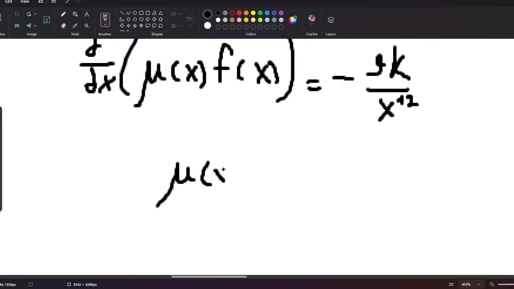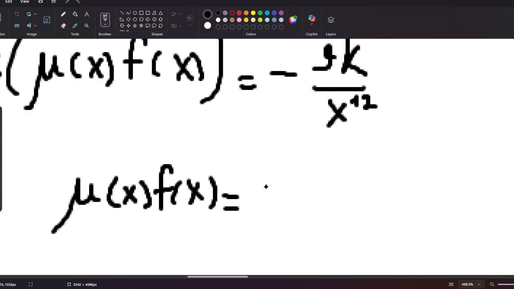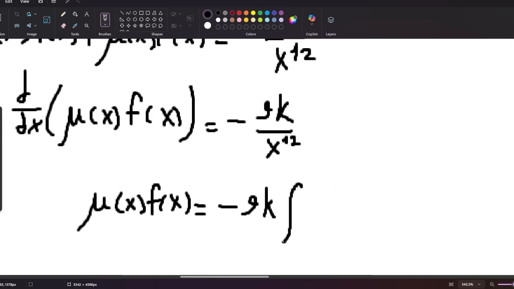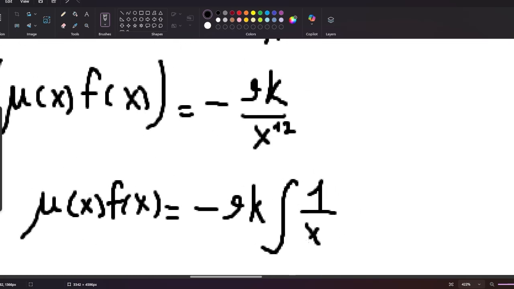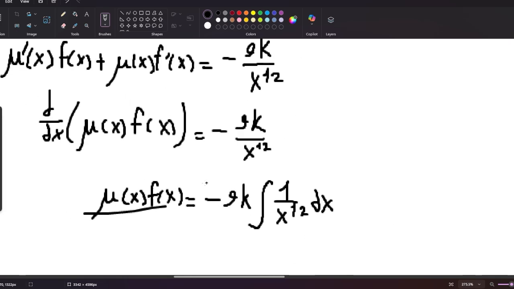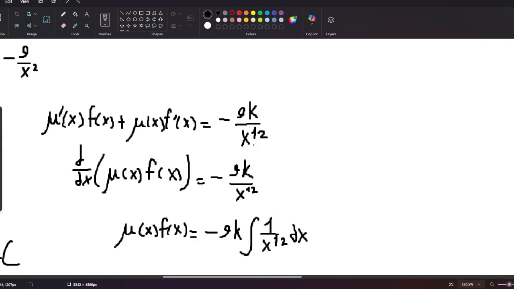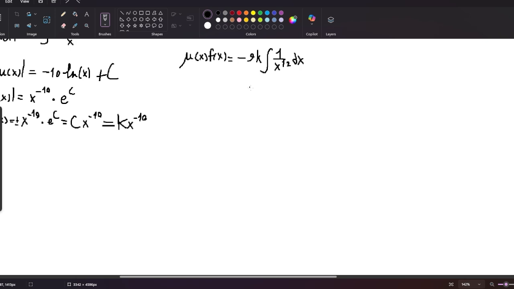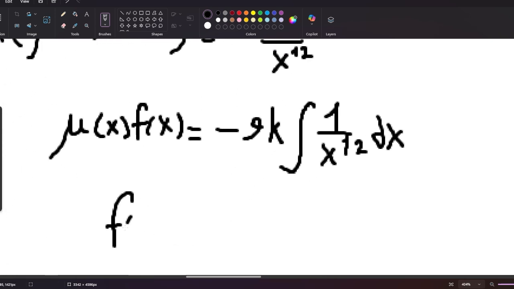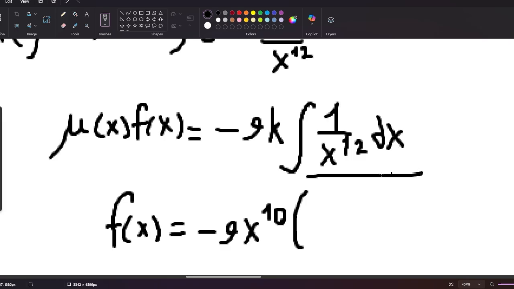We have mu of x times f of x is equal to the integral. Let's bring out negative 9k instantly: minus 9k times the integral of 1 over x to the 12 dx. Let's divide by mu of x. Now mu of x is k times x to the power of negative 10, so f of x equals negative 9 times x to the power of 10 times the integral of this function.